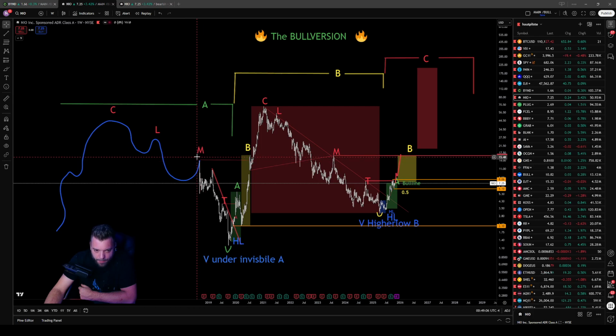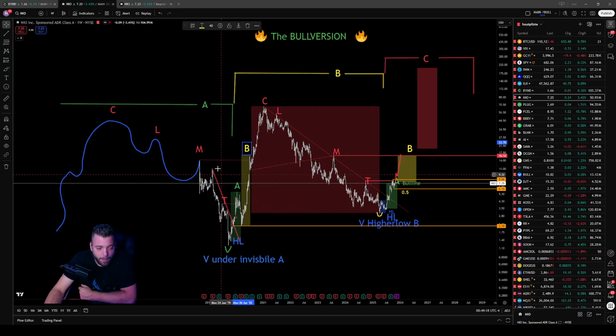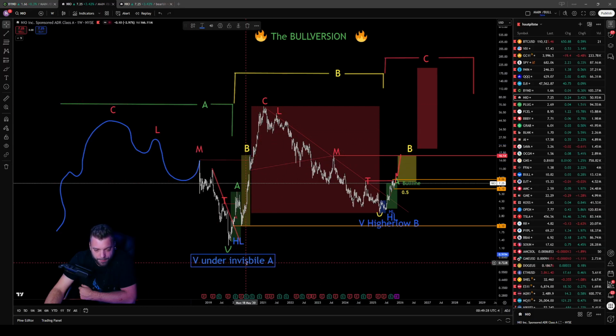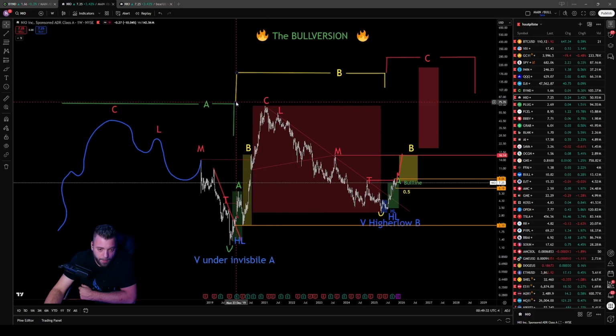But this wouldn't make sense to be C. It makes way more sense that this is M, especially because this is B. So it really makes sense with the trend line. So we just say there's still hidden data before that and draw it like that, which makes this here your V under invisible A. So this whole thing is one fractal.